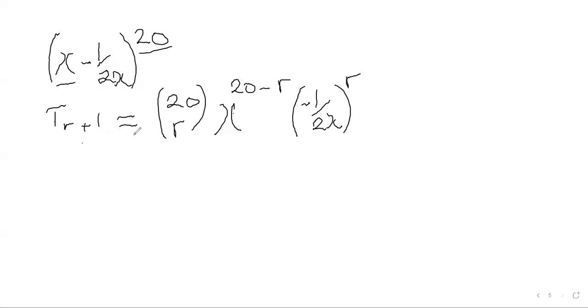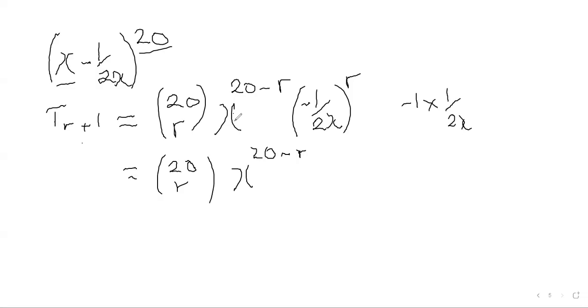So now after this part, you have to make sure that all the parts that contain x, you group them together. So here we have 20 choose r, and this is x to the power 20 minus r, and this part here we have negative 1 times 1 over 2x, and everything here is to the power r like this.